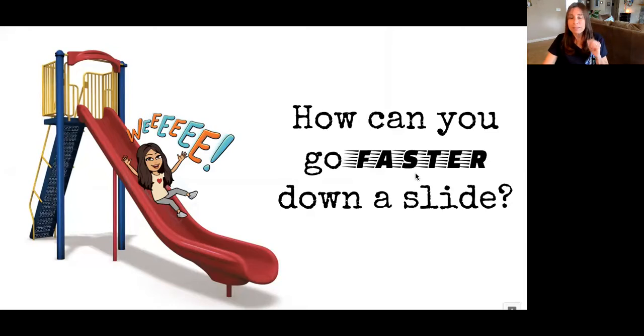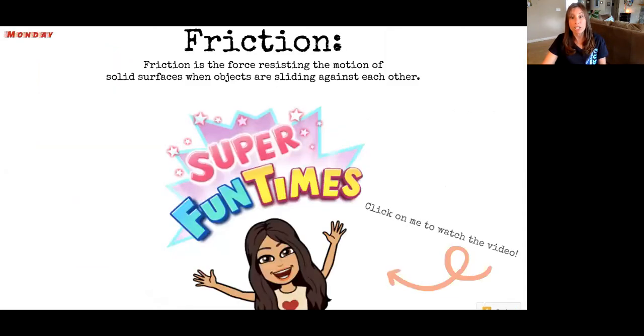Well, the basis of this question has to do with friction. Now, friction has to do with the force resisting the motion of solid surfaces when objects are sliding against each other. So I'm going to give you a couple examples of different surfaces.